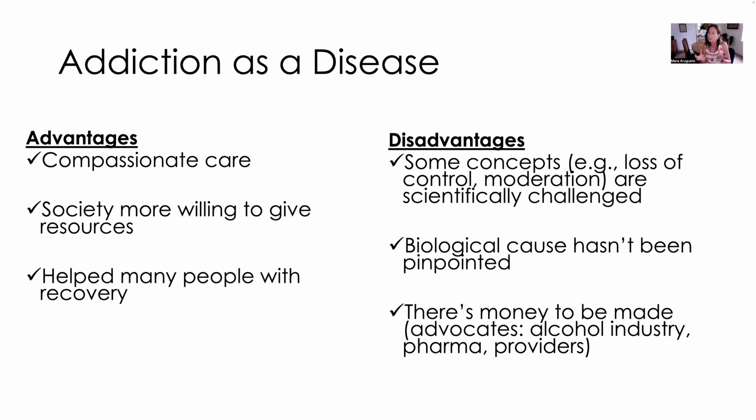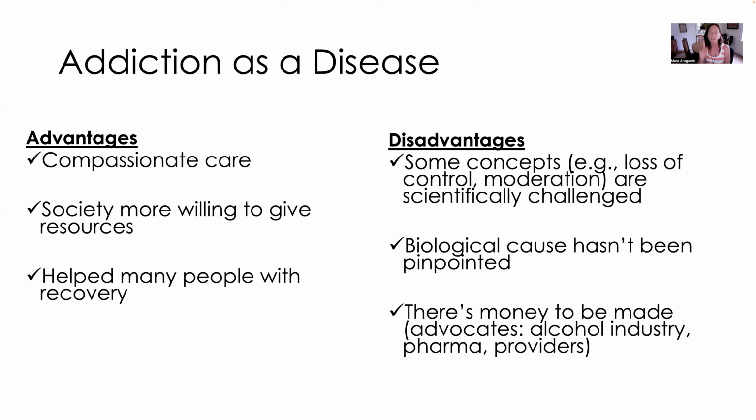Alcoholics Anonymous had this concept that you should receive compassionate care, but there are many other groups that took the moral perspective. For example, Mothers Against Drunk Driving, their concept is we need to have harsher punishments, we need to have mandatory sentences, and so on, right? So this concept of compassionate care really goes along with addiction as a disease.